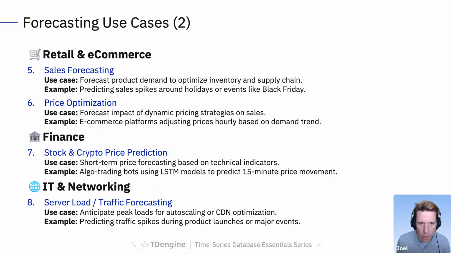And as we mentioned before, forecasting is often used in IT and networking for anticipating loads and figuring out how to auto scale CDNs. Some examples of when this is used are major product launches or major events. They can make forecasts based on historical data.